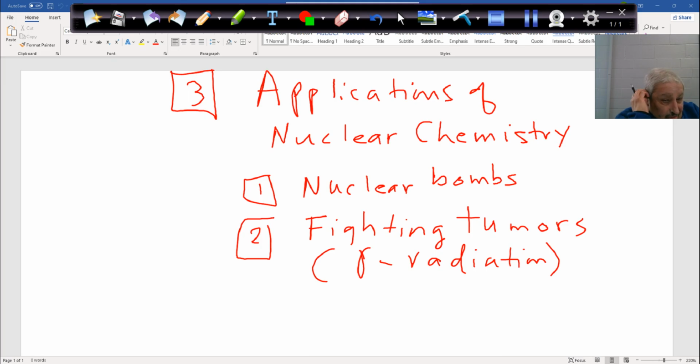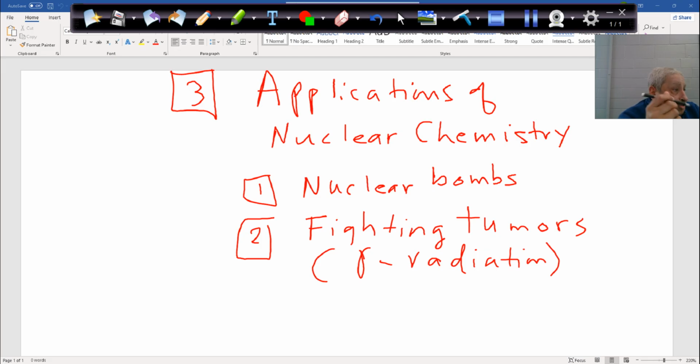So those are the two major applications: it can be used in the military in a way, and it can fight tumors, especially gamma radiation. Alpha, beta and the other ones cannot fight tumors because they cannot go through.